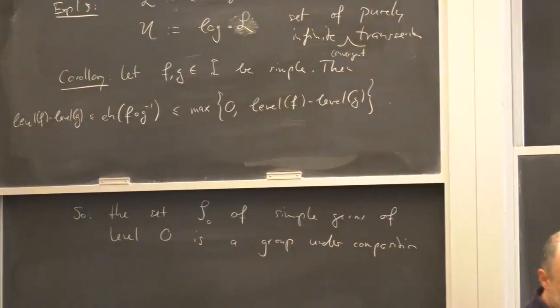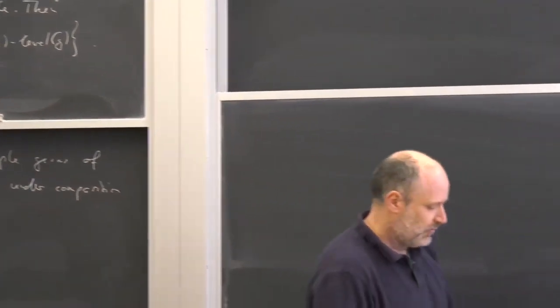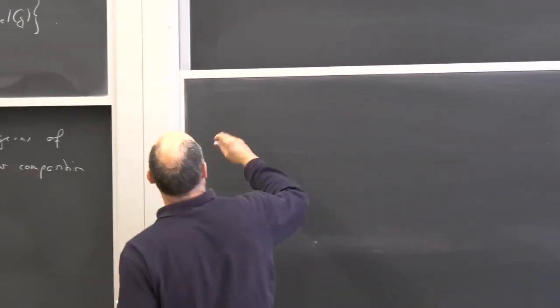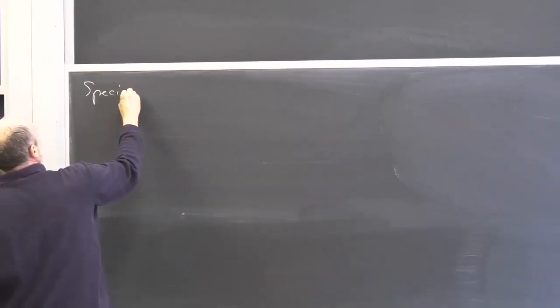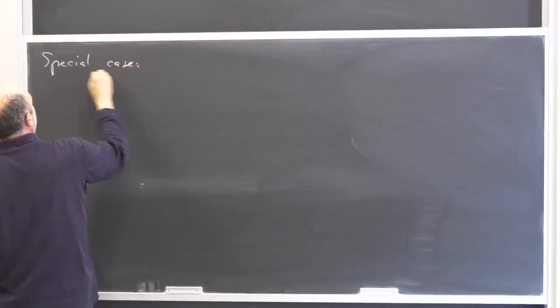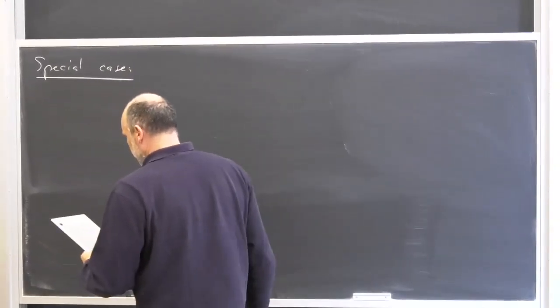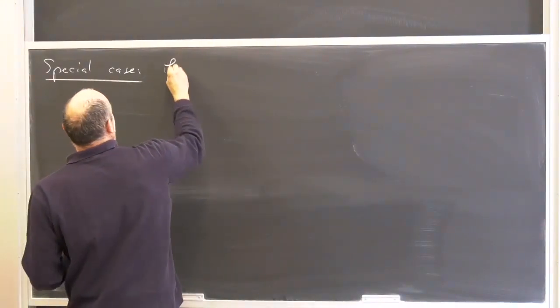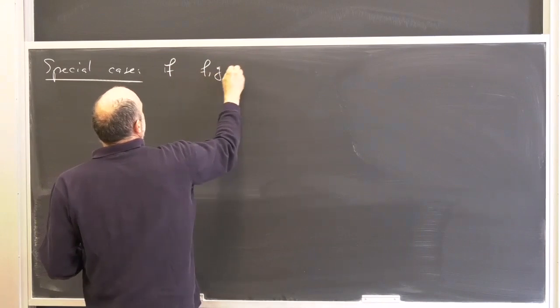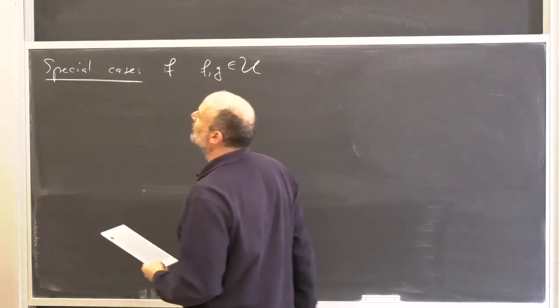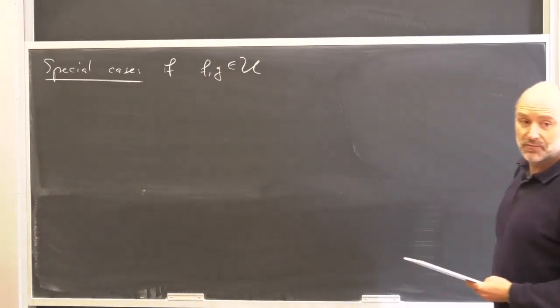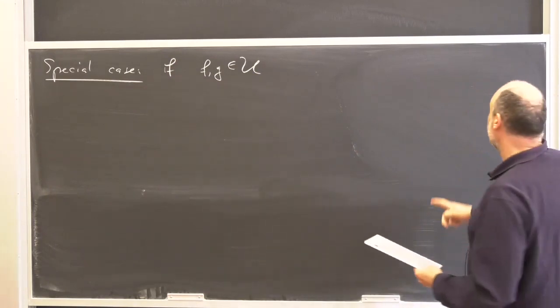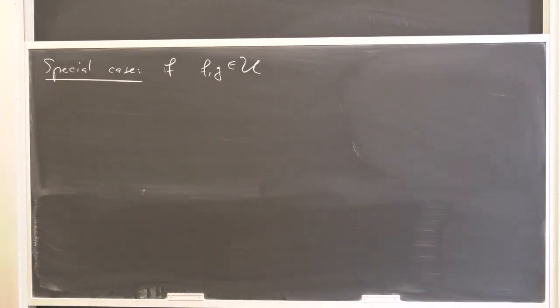Okay. So that's a special case, one of interest for us, right? So if f and g are both in U, so they're both these purely infinite convergent transseries, that means these guys here will be monomials.